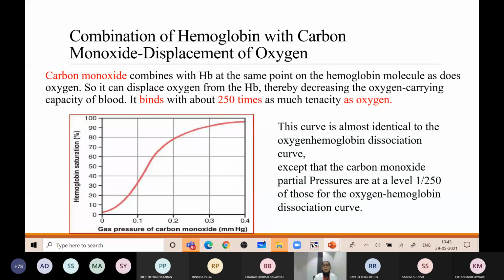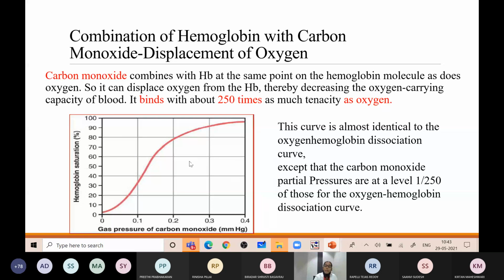Carbon monoxide is present in smoke. Whenever something is burning, the smoke will have a maximum amount of carbon monoxide. So you must remember this. Carbon monoxide has 250 times more affinity to bind with the hemoglobin at the same site where oxygen can bind.